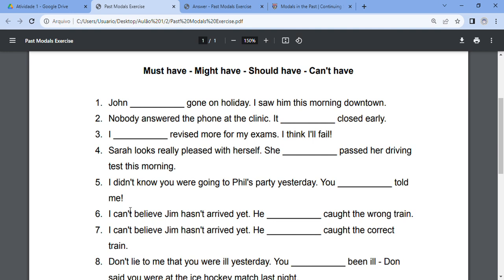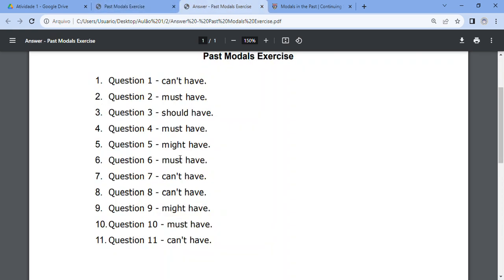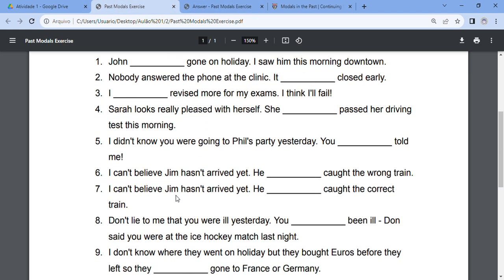I can't believe Jim hasn't arrived yet. He must have caught the wrong train. Must have. Probability.